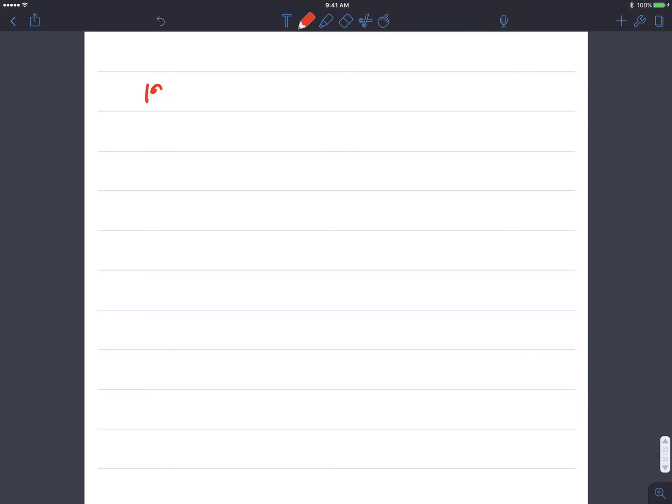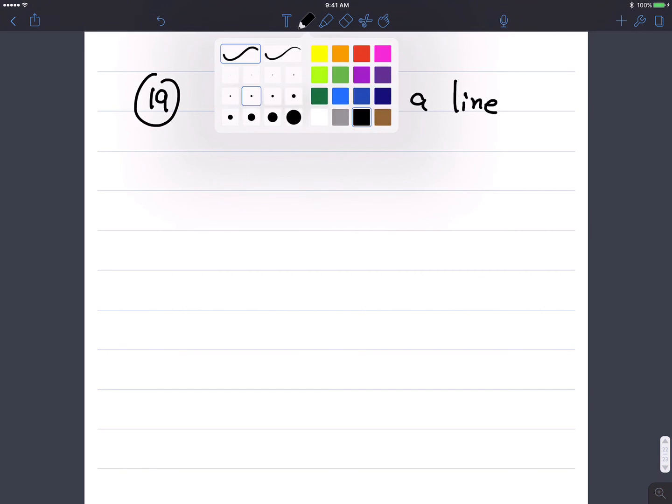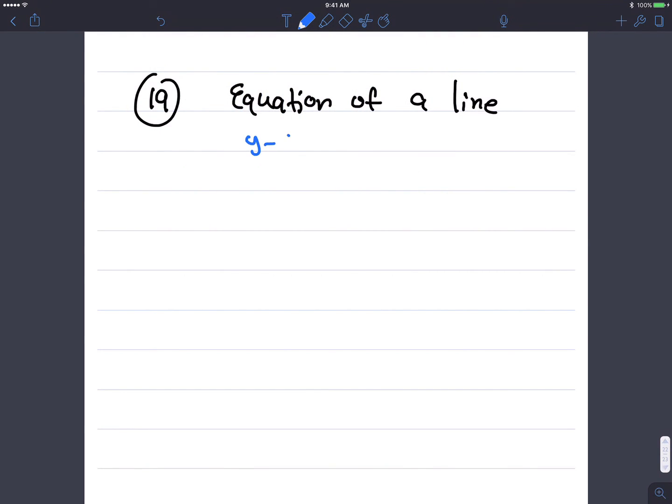Number 19 is a determine the equation of the line. So again, let's go back and review. If they ever ask for the equation of a line, we always use point slope form.